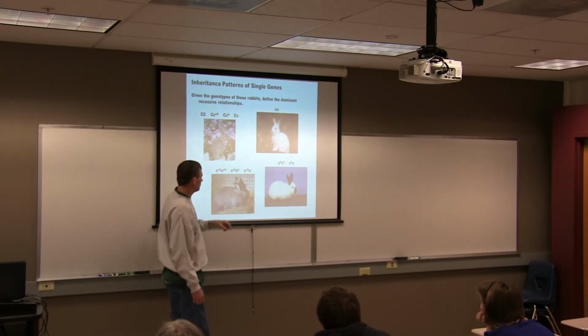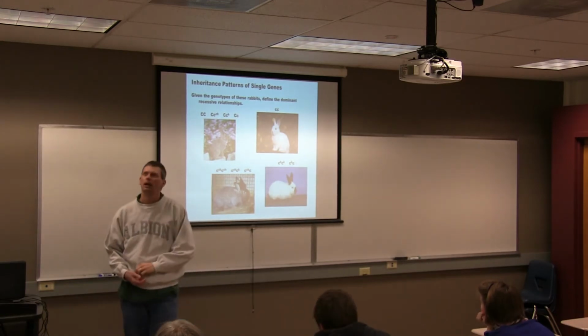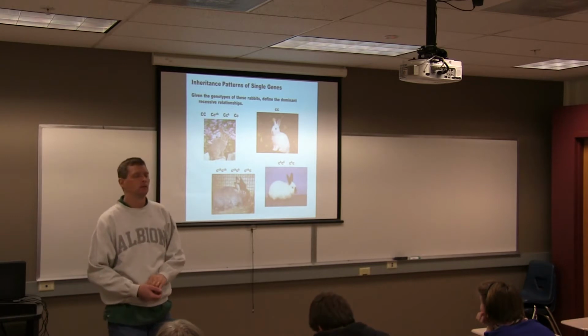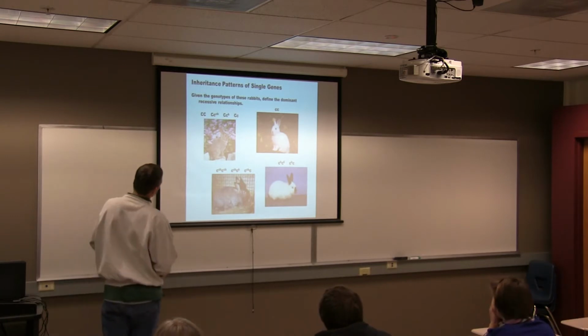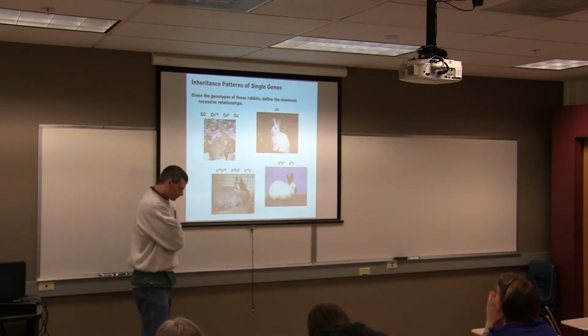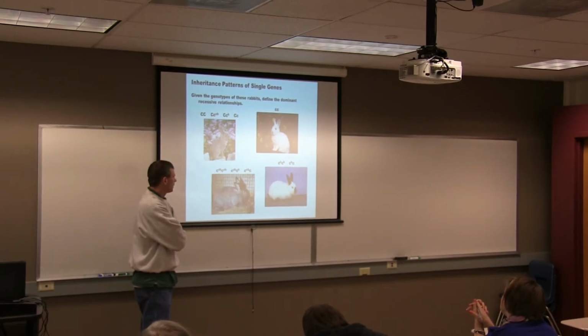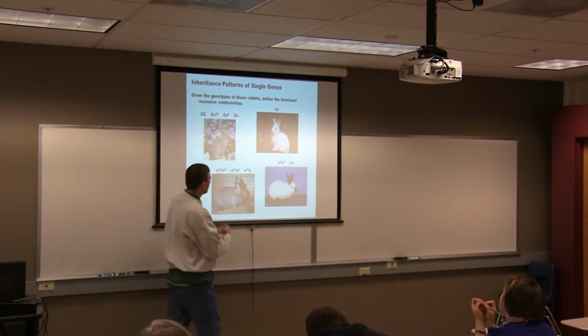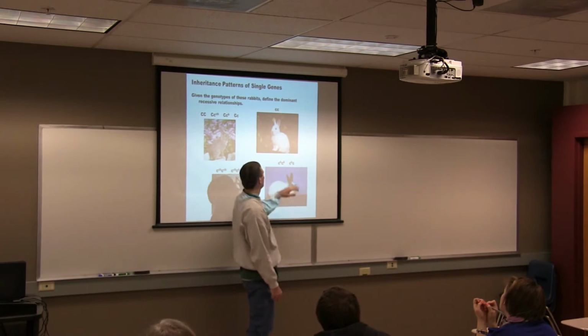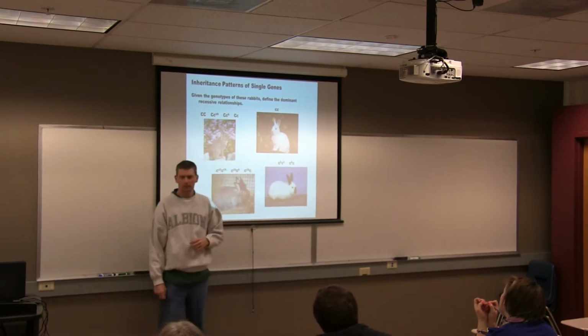These alleles get you, what's this one called? Dark. Yeah, it's a variation on the color allele. It's dark. This is a variation on the color allele called light. And this is albino.